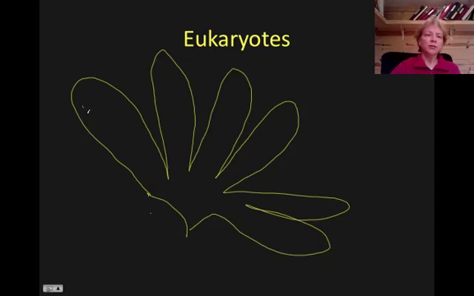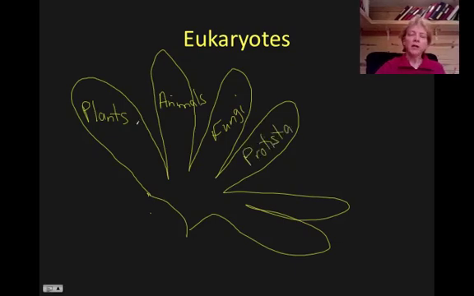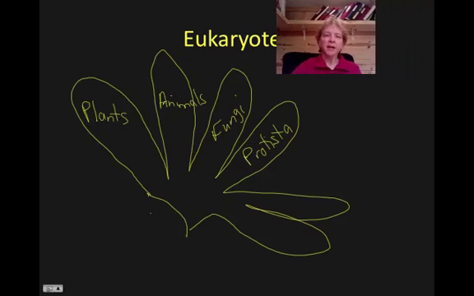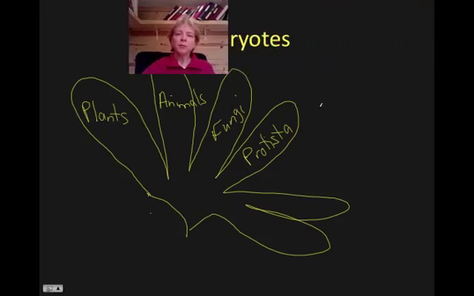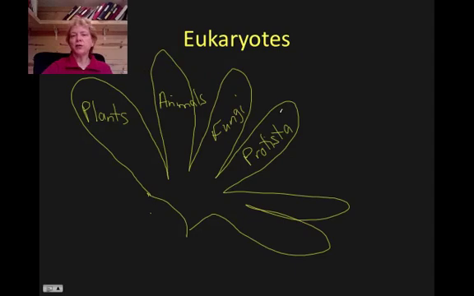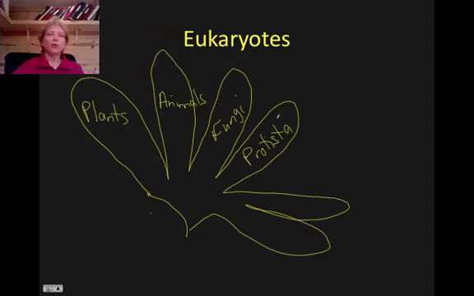And this is going to include plants, animals, fungi, and a group called Protista, or the protists. You're probably familiar with the plants, the animals, fungi. Protista is one of those categories where it's kind of a grab bag of organisms because they couldn't figure out exactly where to put them.